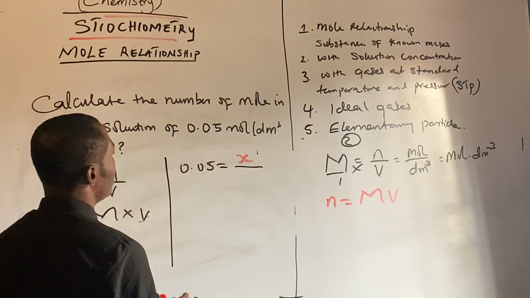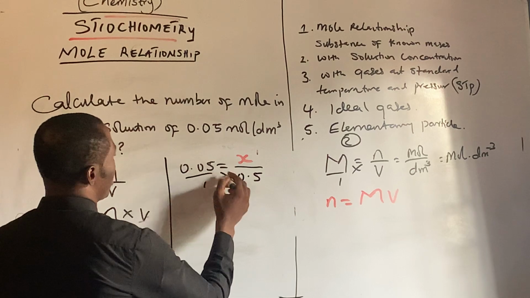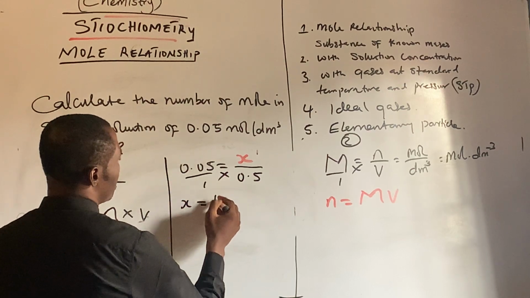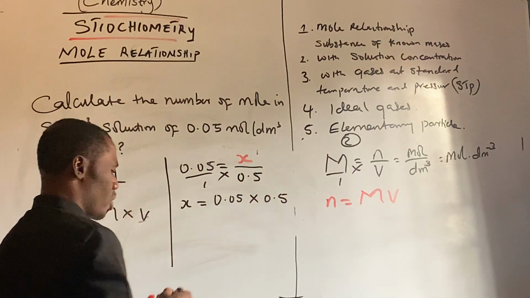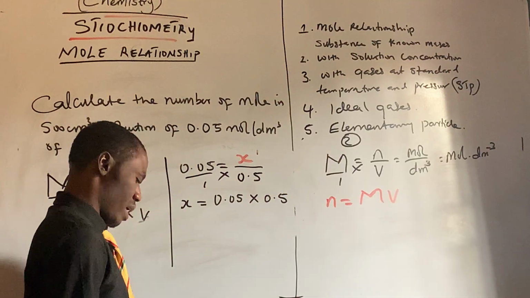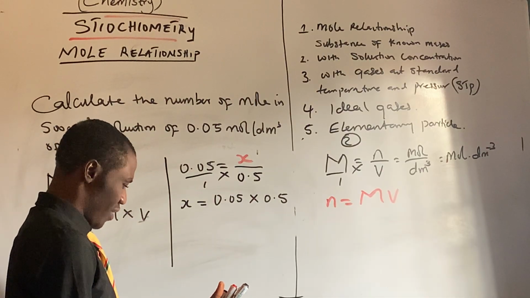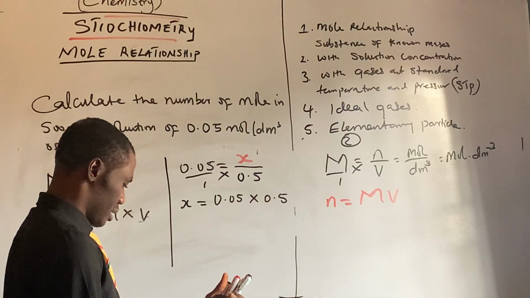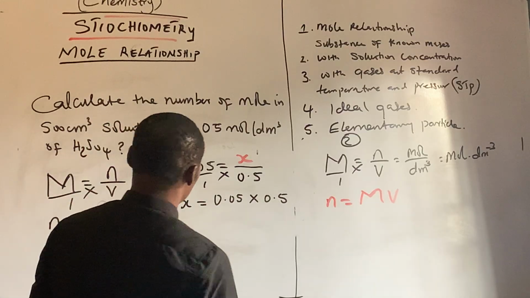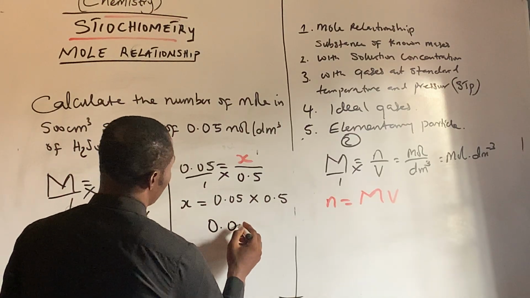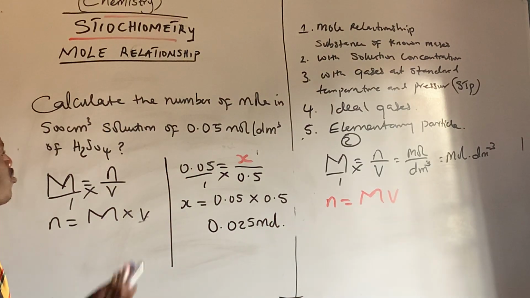So X is equal to 0.05 times 0.5, which is 0.025 mole. That's how to solve a problem like that.